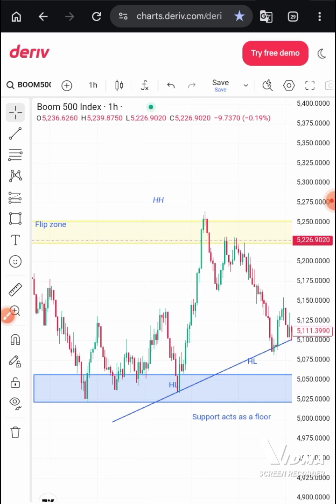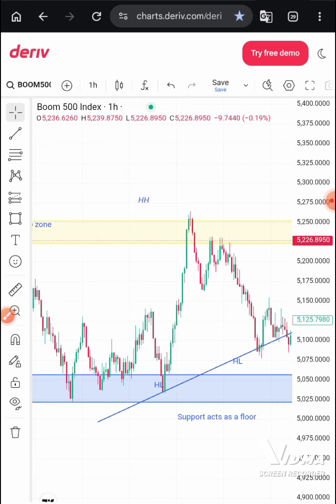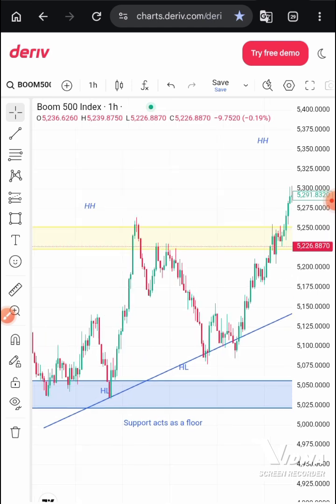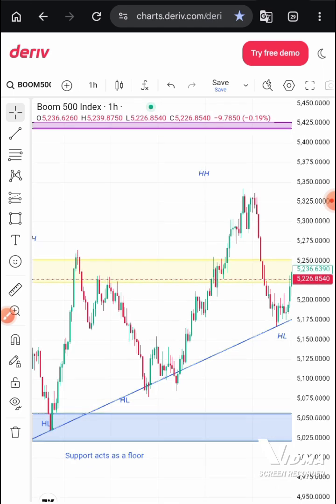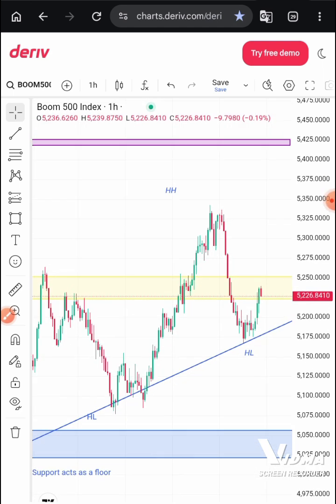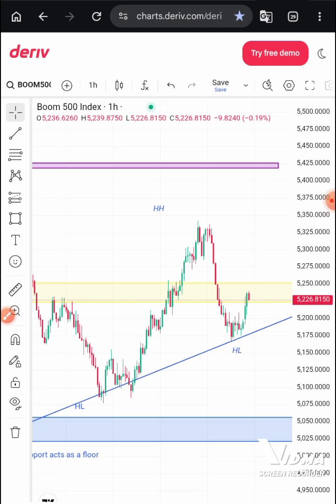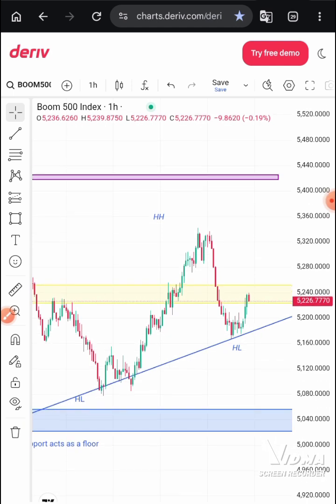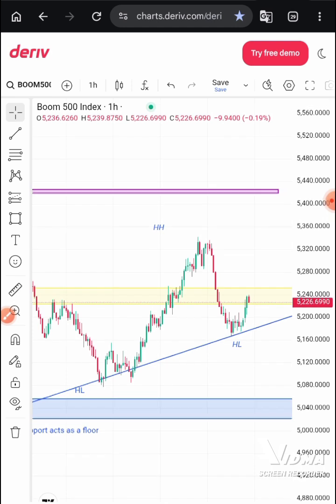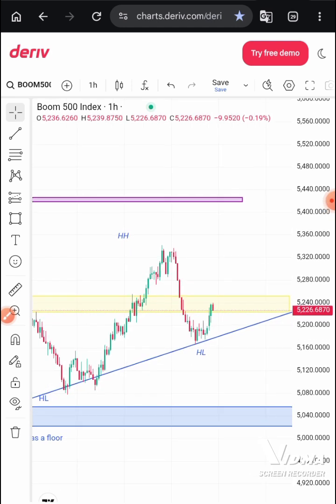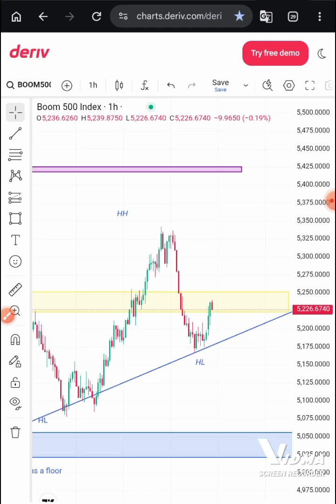Okay, so we'll talk, because there's a lot that's happening here. It is such a beautiful area. So what's happening here is we are now waiting to see whether price closes below the flip zone or above the flip zone.